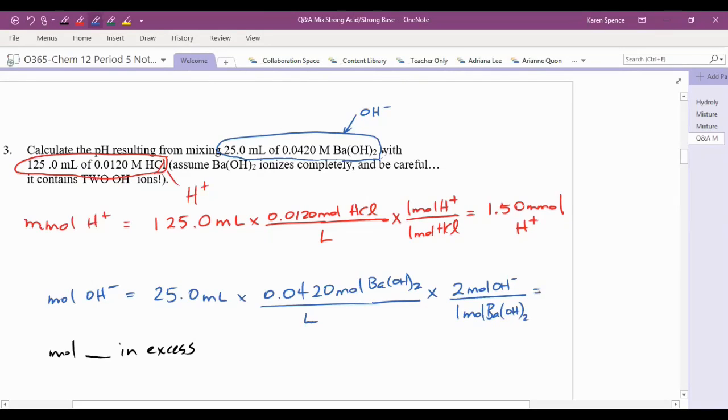That 2 is the reason we have that 2. All right. And we get 25 times 0.042 times 2 equals, and that is 2.10 millimoles of OH minus.